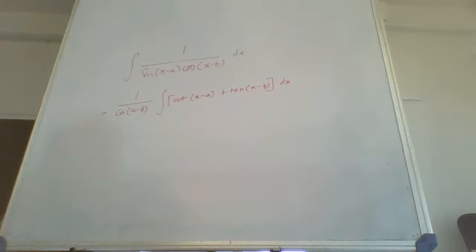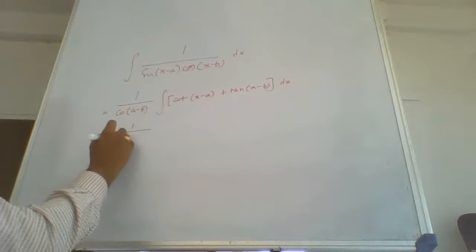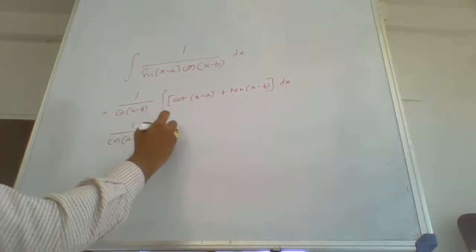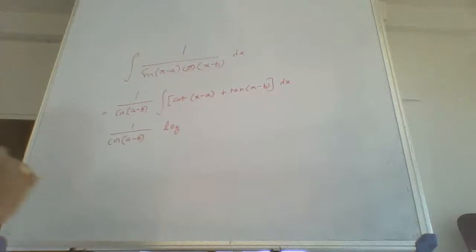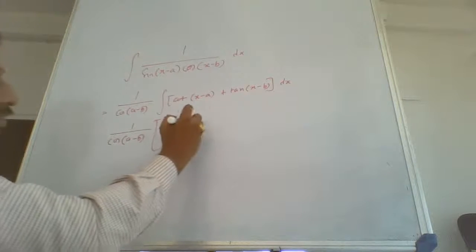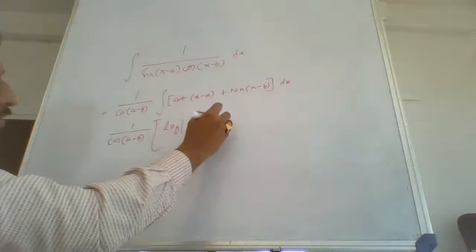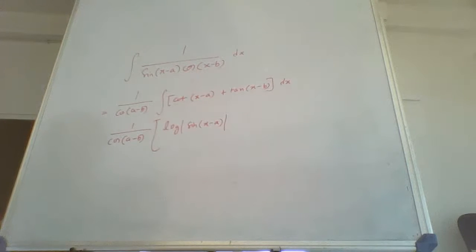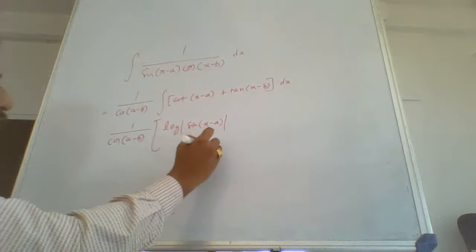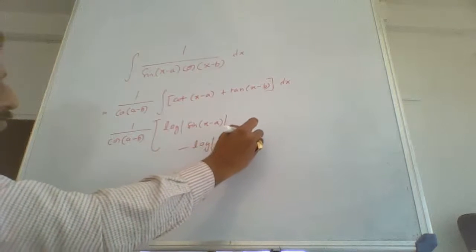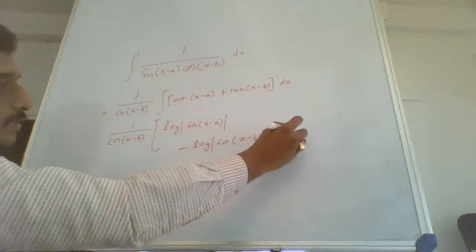Now we know the integrals of cot of x minus a and tan of x minus b also. So let us write what we get. We have 1 by cos of a minus b, log of sine of x minus a, minus log of cos x minus b, plus c.